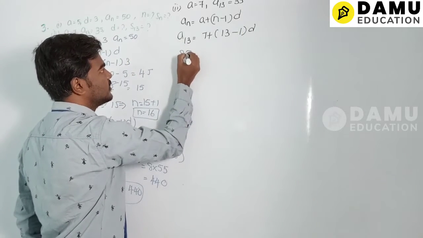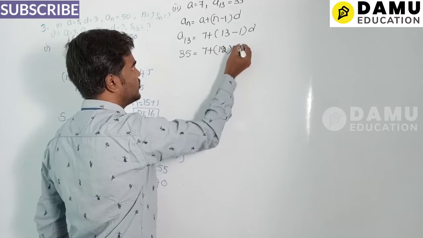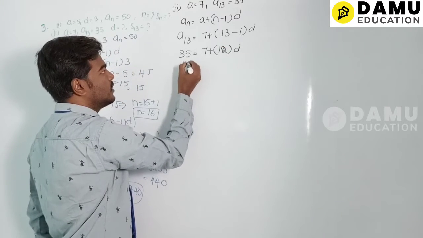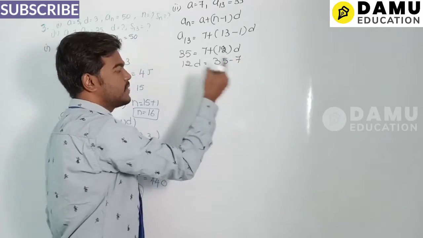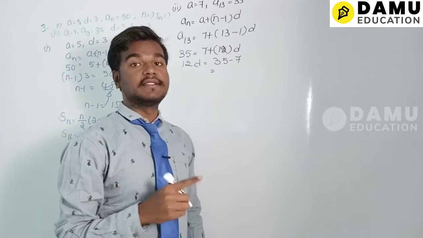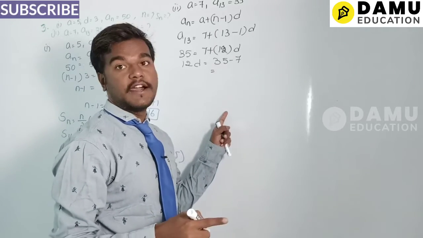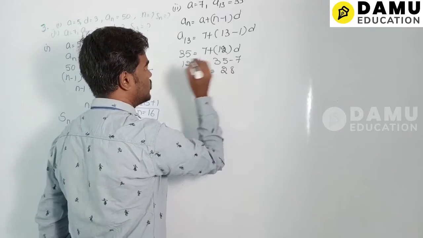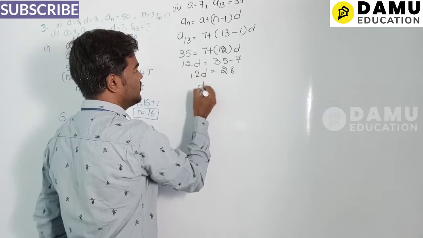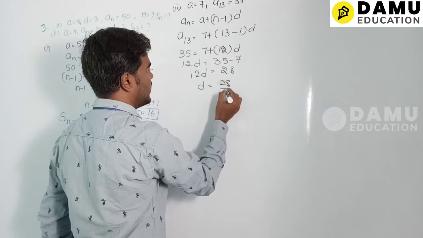So a13 is 35, that is a plus 13 minus 1 will become 12 into d. So 12d will be equal to 35 minus 7. So how do we subtract 7 here? 30 minus 7 will be 23. 23 plus 5, that is a way to do it, 23 plus 5 is 28. So 12d, so d will be equal to 28 by 12.